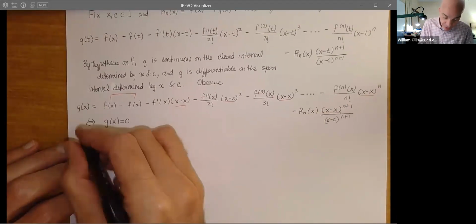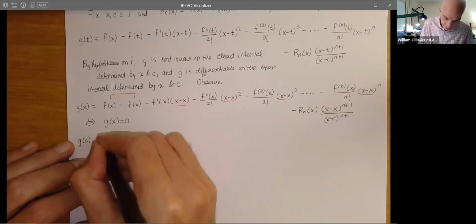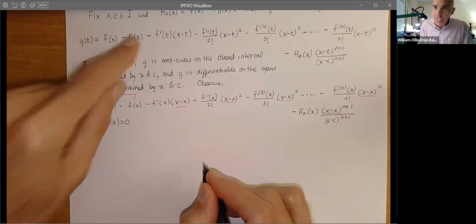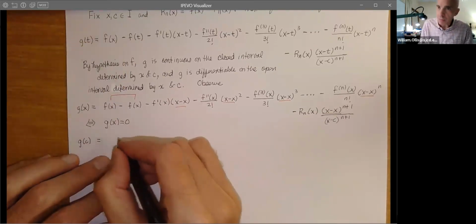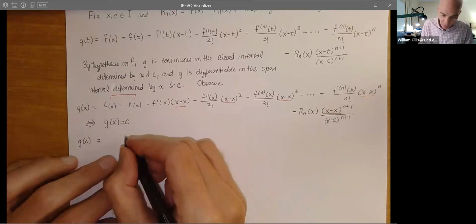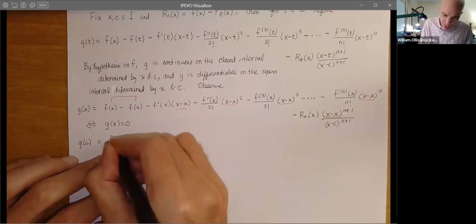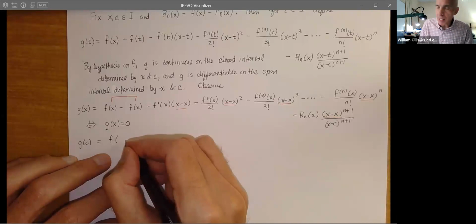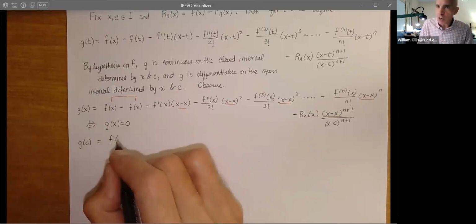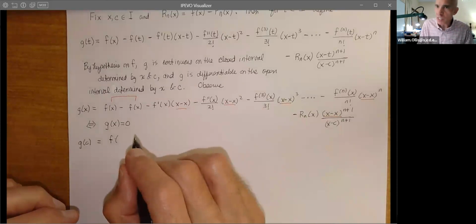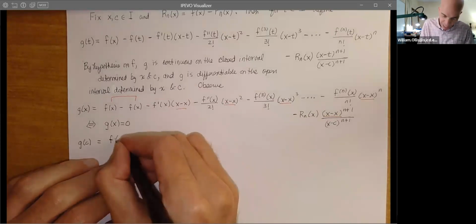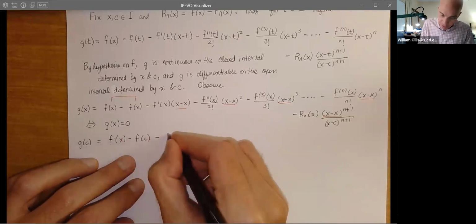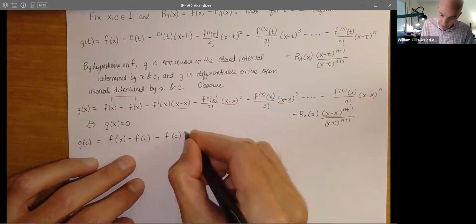Now g of c. So everywhere we have a t, we're going to replace it with c. But it's just going to mimic the Taylor polynomial. This particular polynomial is new to me. I've seen and constructed other proofs of this, but I think this is ingenious because it's so straightforward. So we have f of x minus f of c minus f prime of c, x minus c.